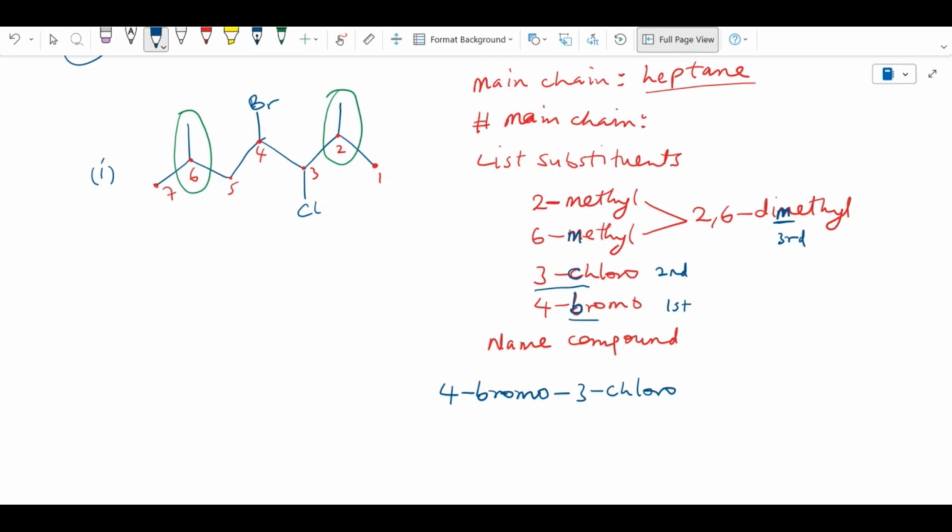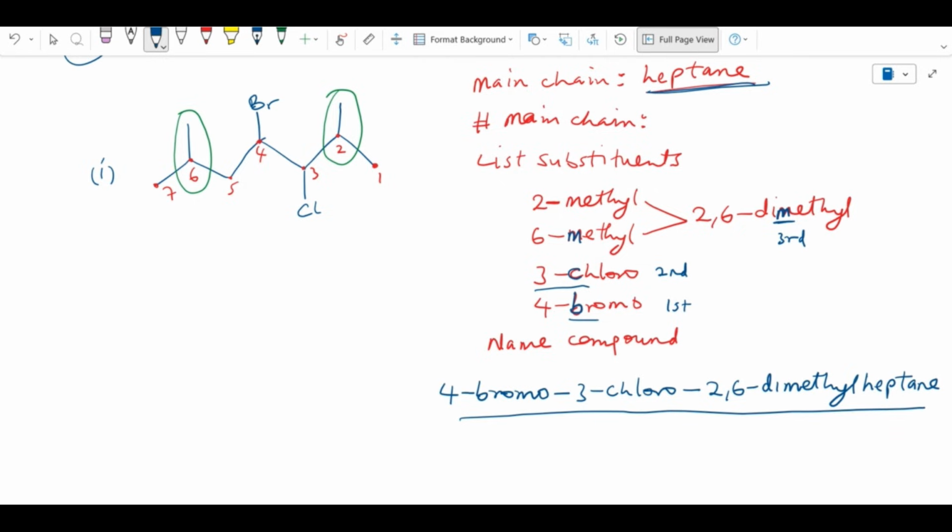M comes next, so you have 2,6-dimethyl. Then, now that we've finished naming the substituents, you can go ahead and include the main chain. Heptane. So the name of this compound is going to be 4-bromo-3-chloro-2,6-dimethylheptane.